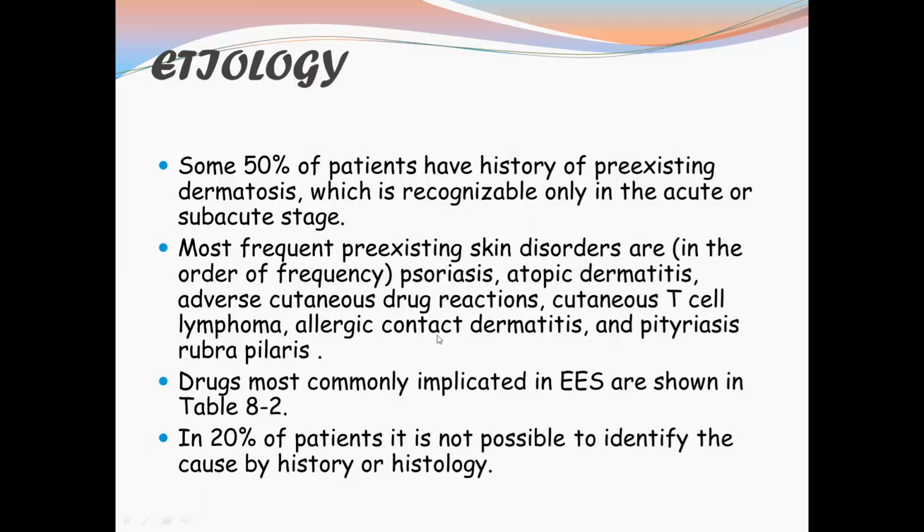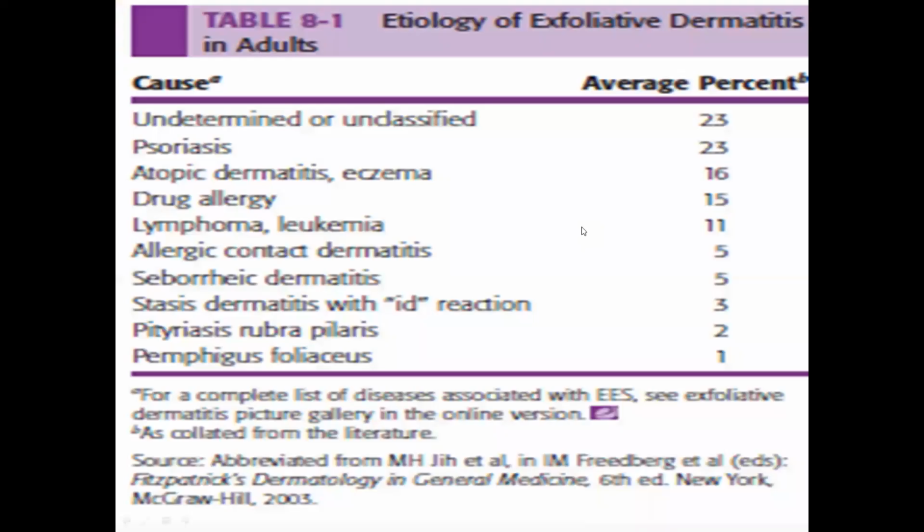You need to query about the following conditions: does the patient have psoriasis, atopic dermatitis, what drugs has he been taking, any history of cancers, etc. So basically, etiology of exfoliative dermatitis in adults: you can see undetermined 23%, psoriasis, atopic dermatitis, drug allergy, lymphoma, leukemia, allergic contact dermatitis, seborrheic dermatitis, stasis dermatitis with id reaction, pityriasis rubra pilaris, pemphigus foliaceus.